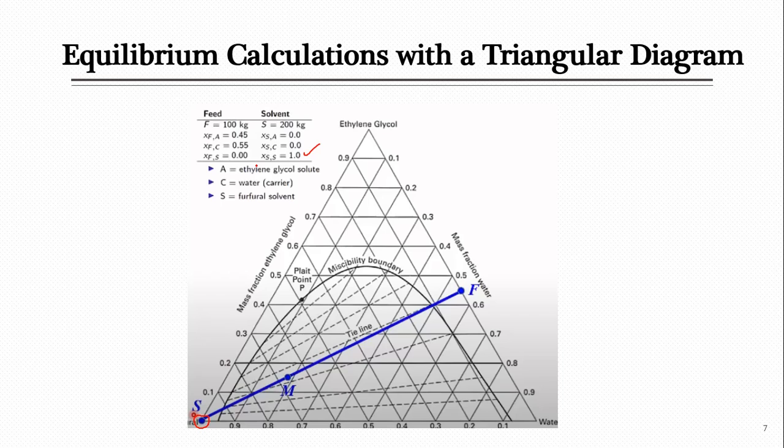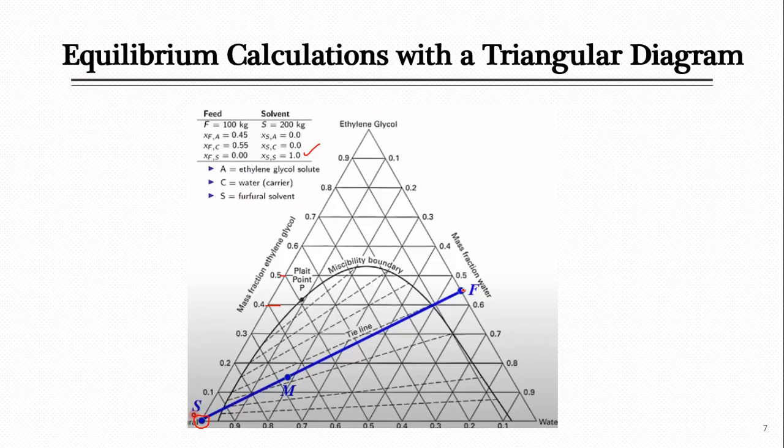Now come towards the feed. You remember the feed was 55% water and 45% ethylene glycol. Here you can see for ethylene glycol these horizontal lines, this is 50% and the other is 40%. In between them is the point that is 45% ethylene glycol, and this is the edge or side of the triangle which represents the mixture of ethylene glycol and water.